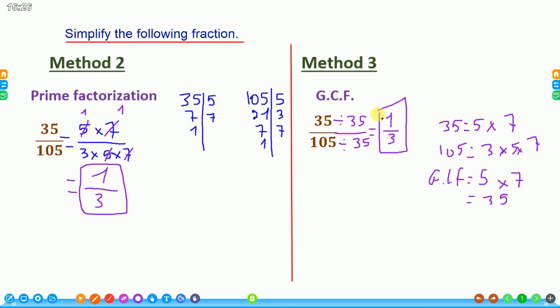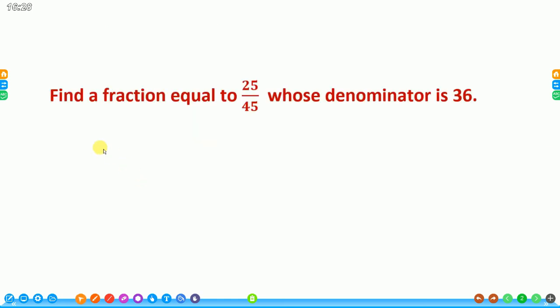It's an irreducible fraction. Now let's solve this question. Find a fraction equal to 25 over 45 whose denominator is 36. So the question is in fact, 25 over 45 equals which fraction whose denominator is 36.